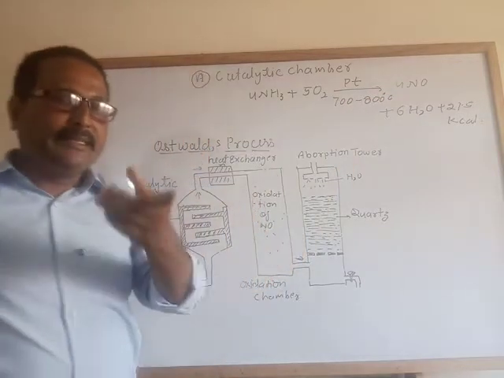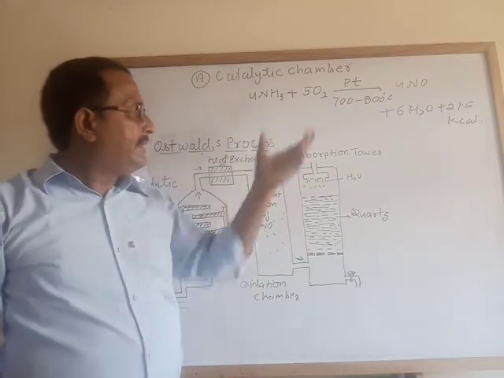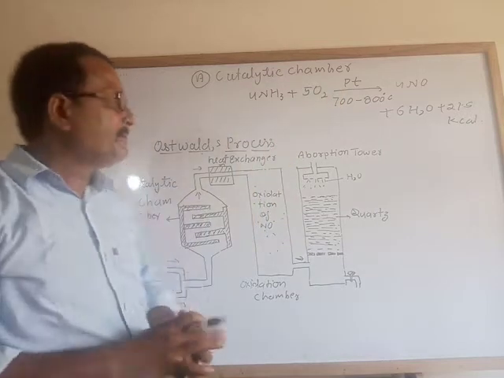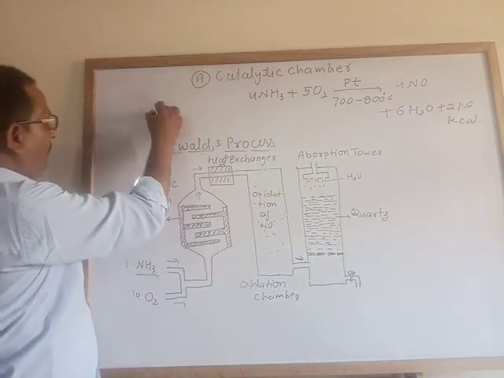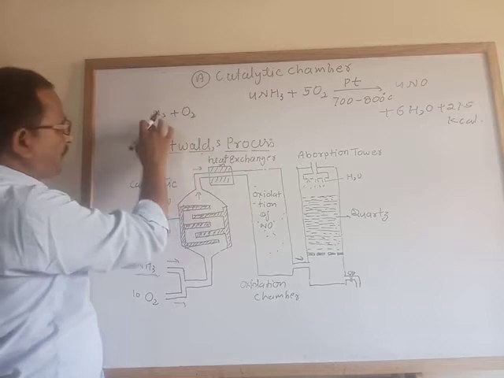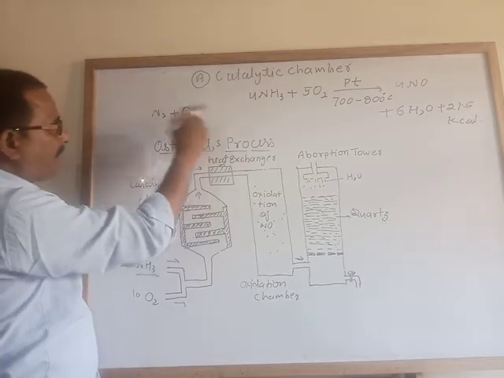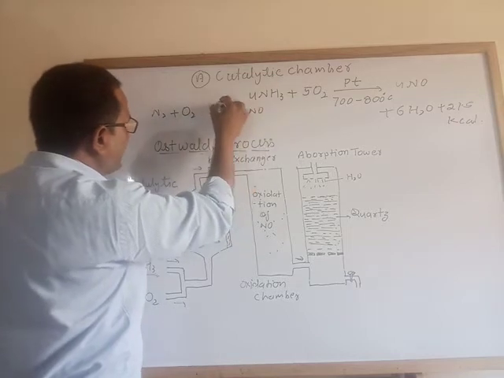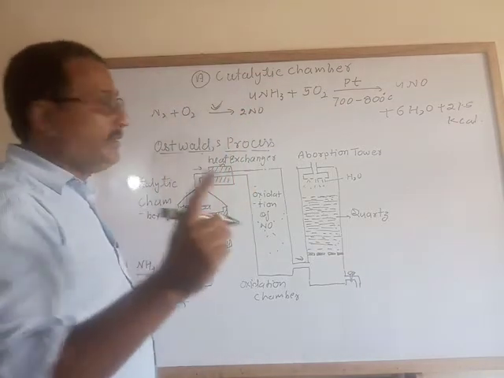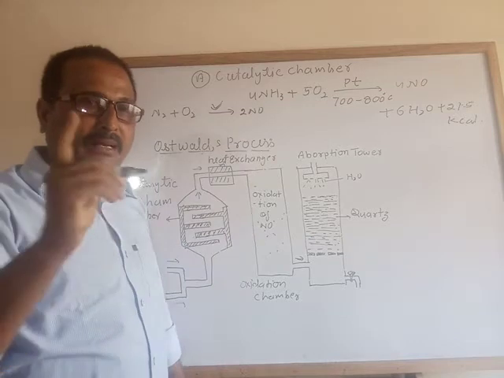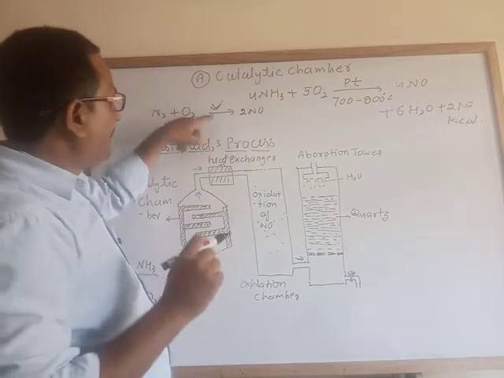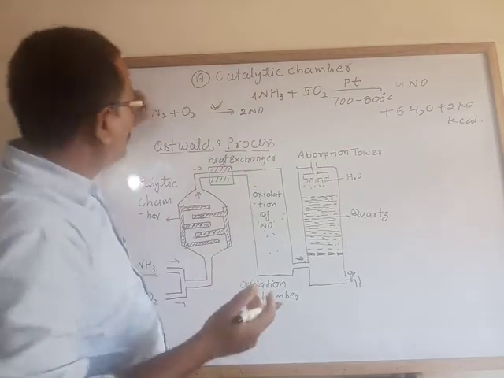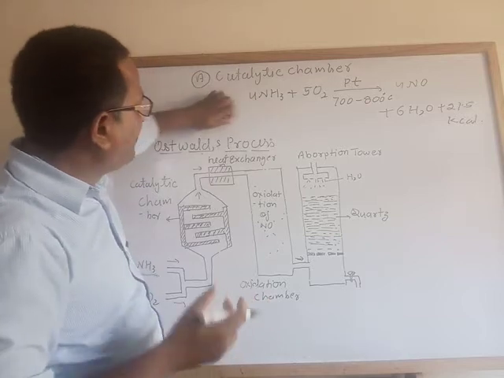Already in fixation of nitrogen I have explained that nitric oxide is formed from atmospheric nitrogen and oxygen. This reaction takes place during lightning. At that time the temperature is very high, and we can't maintain that temperature.